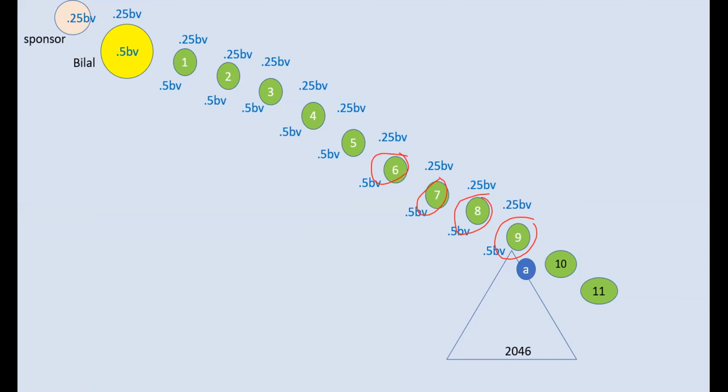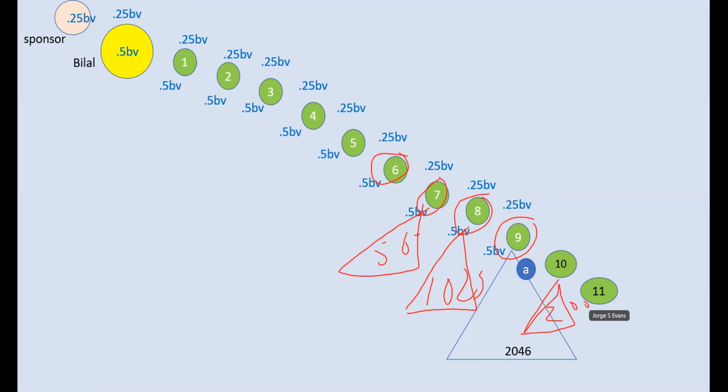Maybe Mr. A makes only 1,023 BBs. Maybe the calculation for Mr. 7 would be up to the 10, not up to the 9, only up to the 10. Maybe Mr. 7 only has 500 BBs accumulated of purchase. Maybe Mr. 10 has another 2,000 BBs.